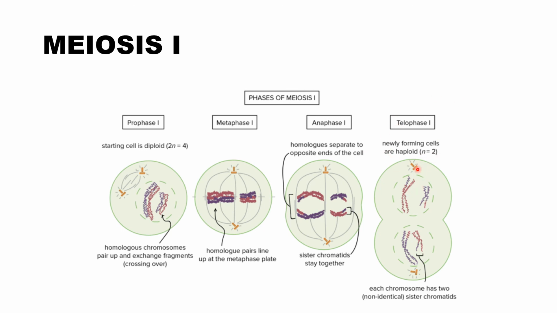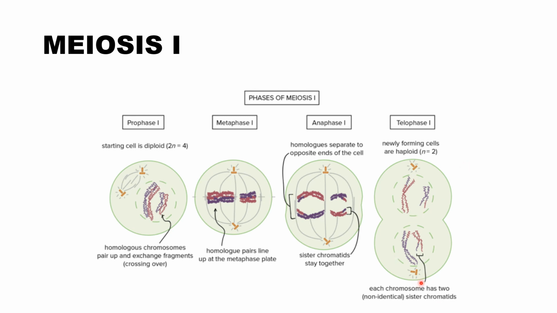dito na mangyayari yung parang sa mitosis rin na may cleavage furrow na magaganap. Meron mga nuclei na mabubuo. And then, mangyayari na is that each chromosome now has two non-identical sister chromatids.